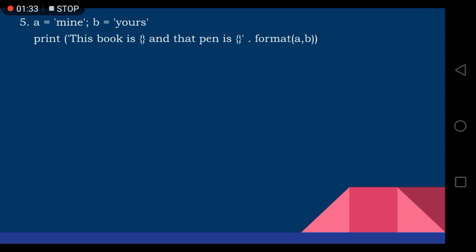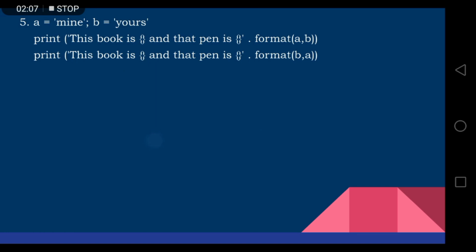Dot format comma A comma B. When you use the format statement, the first value will go to the first placeholder, the second value goes to the second placeholder. We have two placeholders. Placeholder means the empty curly braces. The first value is A and the second value is B. And the same thing we use in a different way: print this book is, the same statement, but here dot format of B comma A. That means B will come to the first placeholder and A will come to the second placeholder.